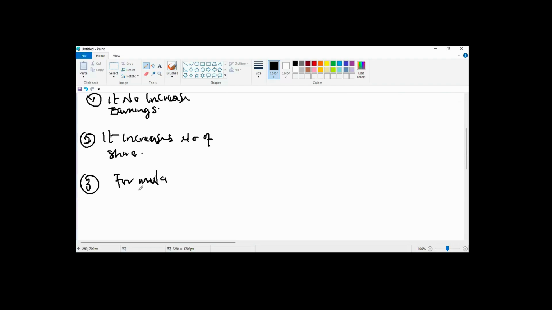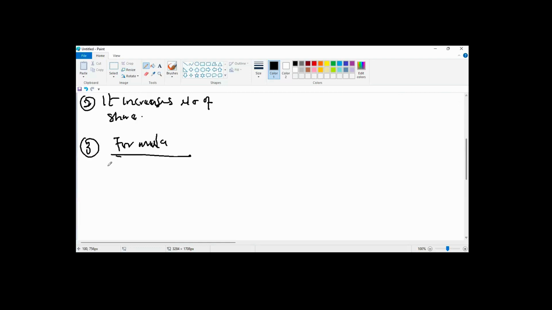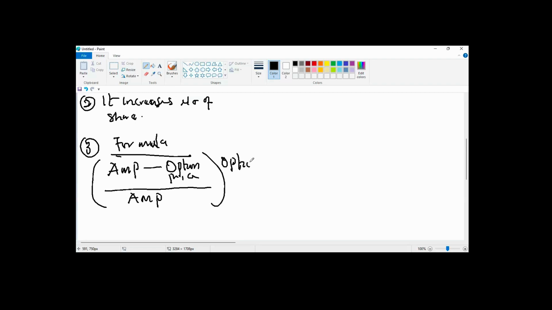The formula is: average market price minus option price, over average market price, times options issued.